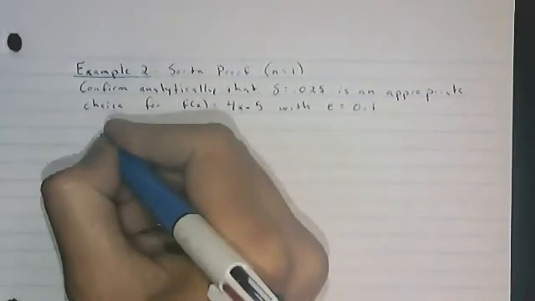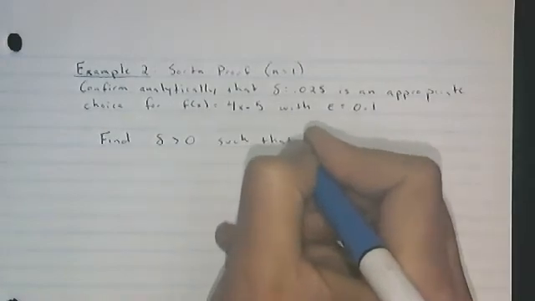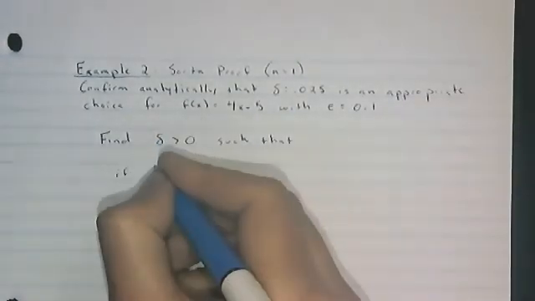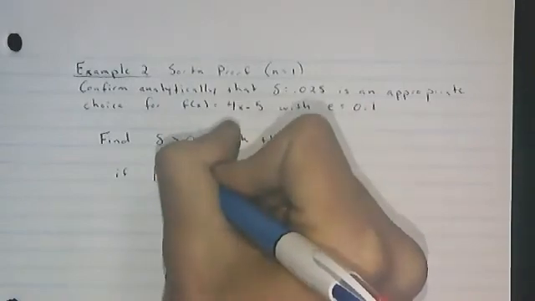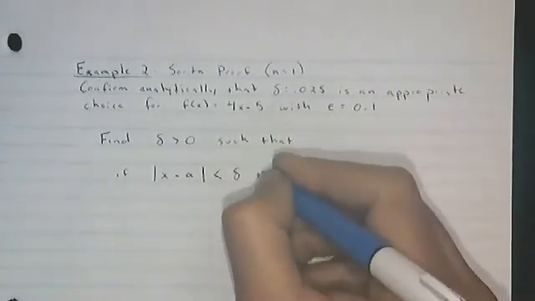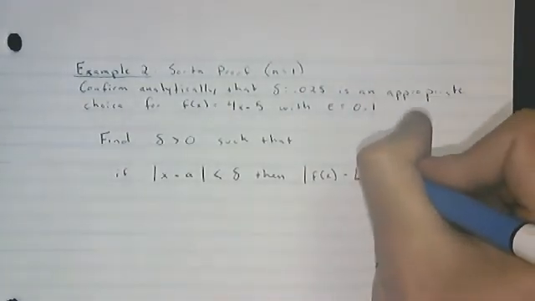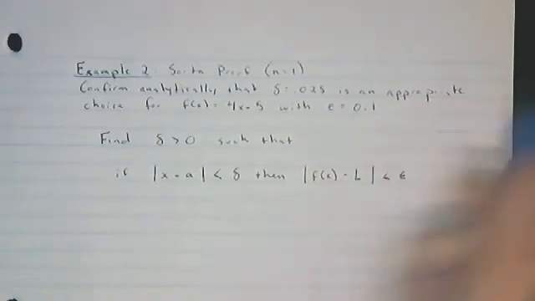In other words, we're going to show that if we want to find a delta greater than 0 such that when the difference between x and some number on our x-axis, which we'll call a, is less than that delta, then that guarantees that the distance or difference between the function value produced at that x and some number L, which we know is the limit, will be less than that epsilon.